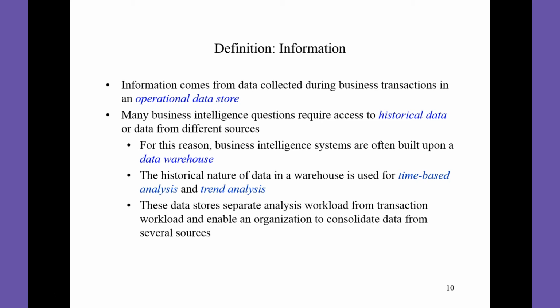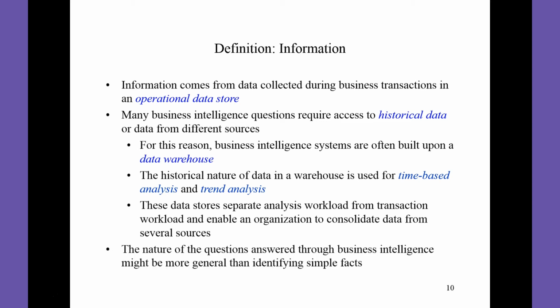Such data stores separate the analysis workload from the transaction workload and enable an organization to consolidate data from several sources. So very often, an organization has an operational data store for daily operations and accumulates data from such data stores into a decision support system, a data warehouse, where the data can be analyzed.